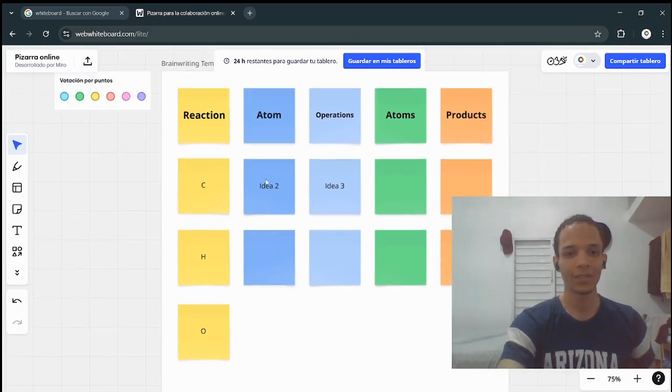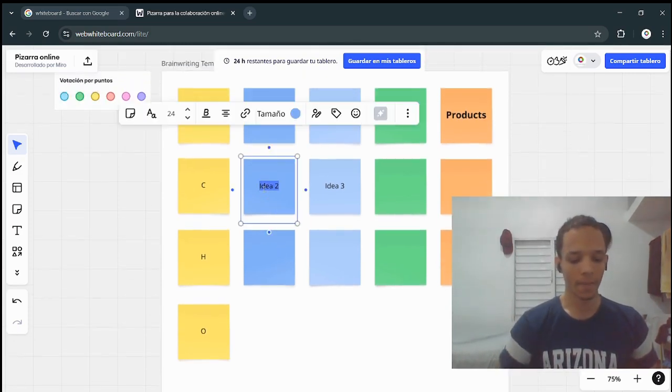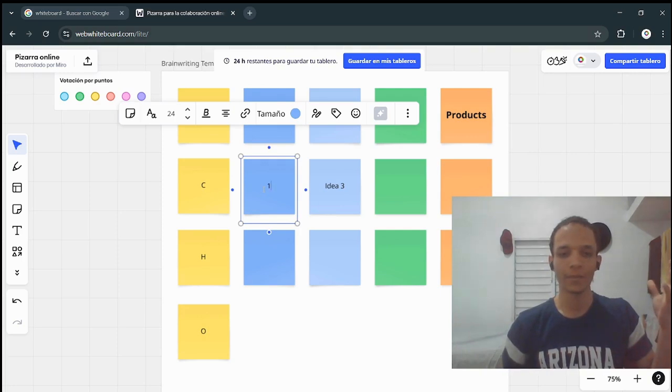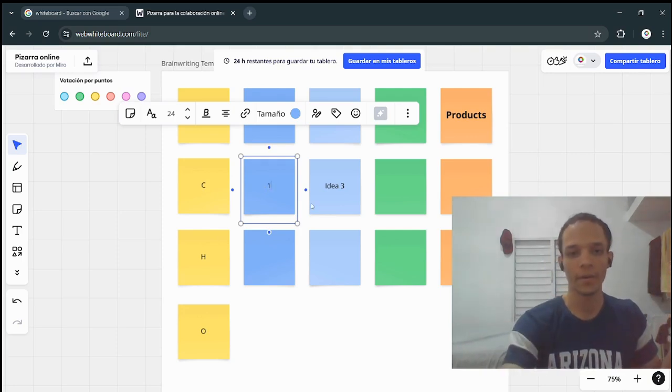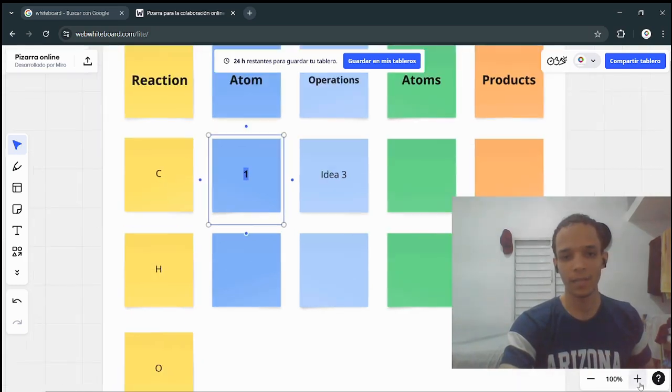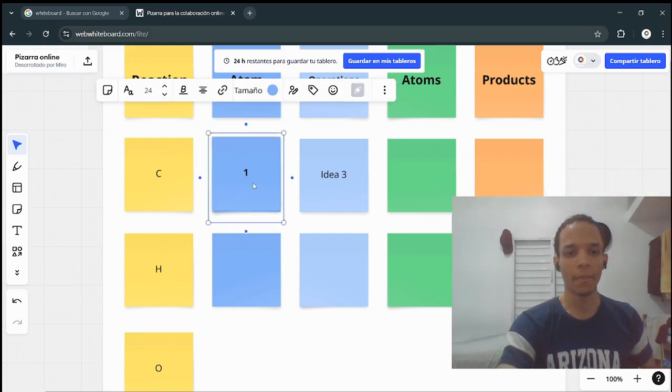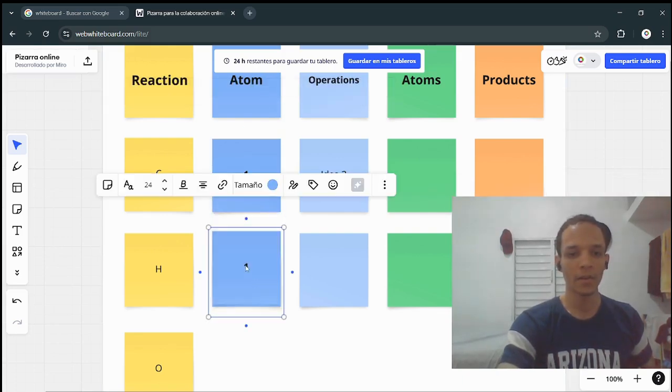And here, let's write the number of atoms that this has. Let's say that this one has one atom, just one. Let's put it bold because it is barely seen. Let's copy again, paste, and put two here instead of one.